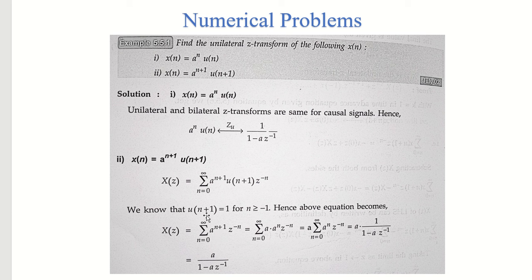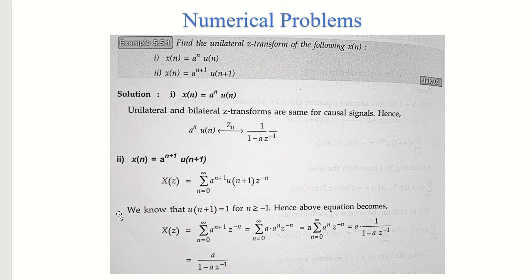Now we know that u of n plus 1 will be 1 for all the values of n greater or equal to minus 1. So here we can use our brains. We can take one signal and then we can take the other signals, so that we can make it easy.